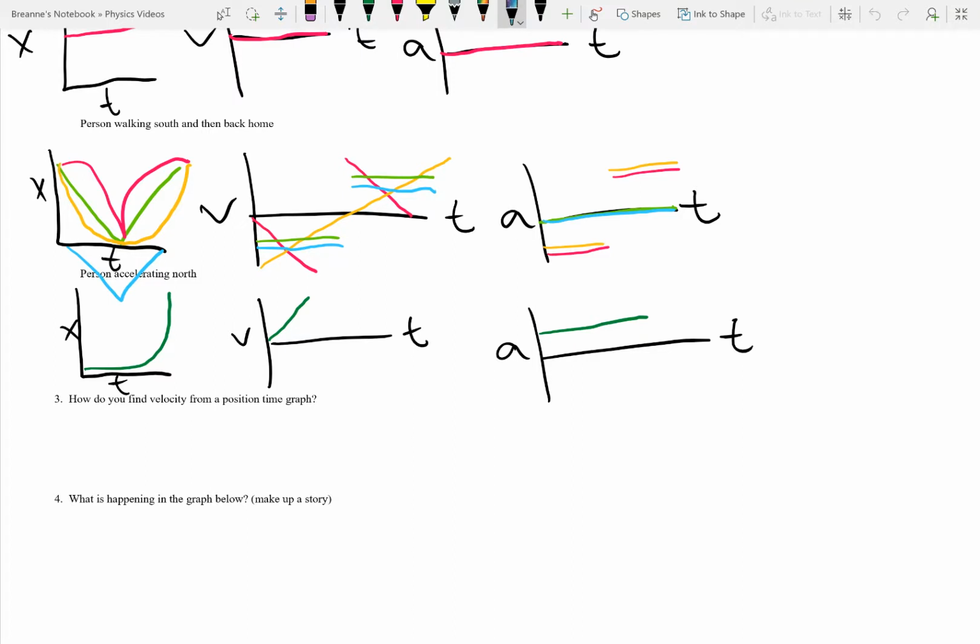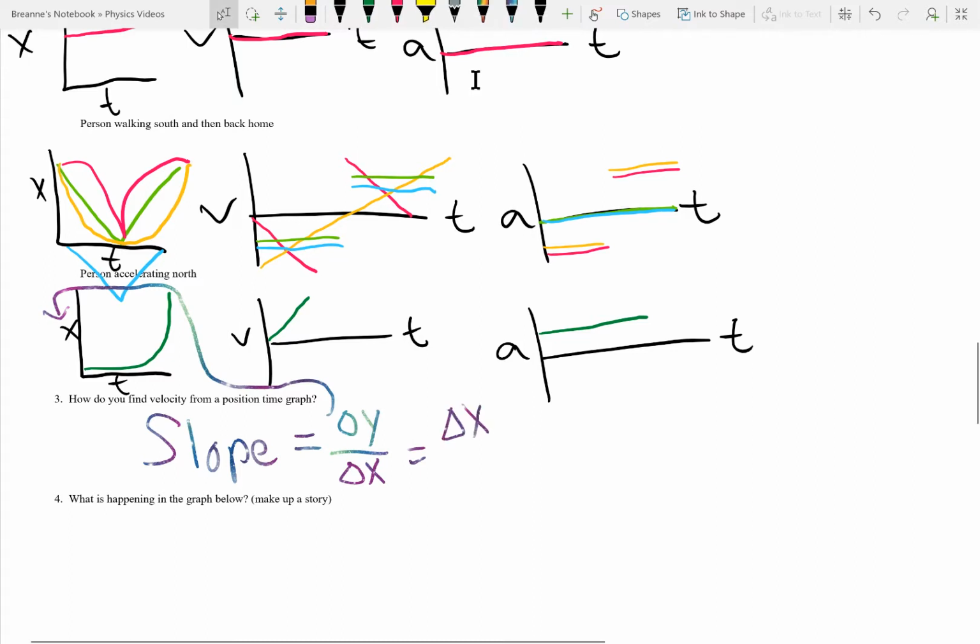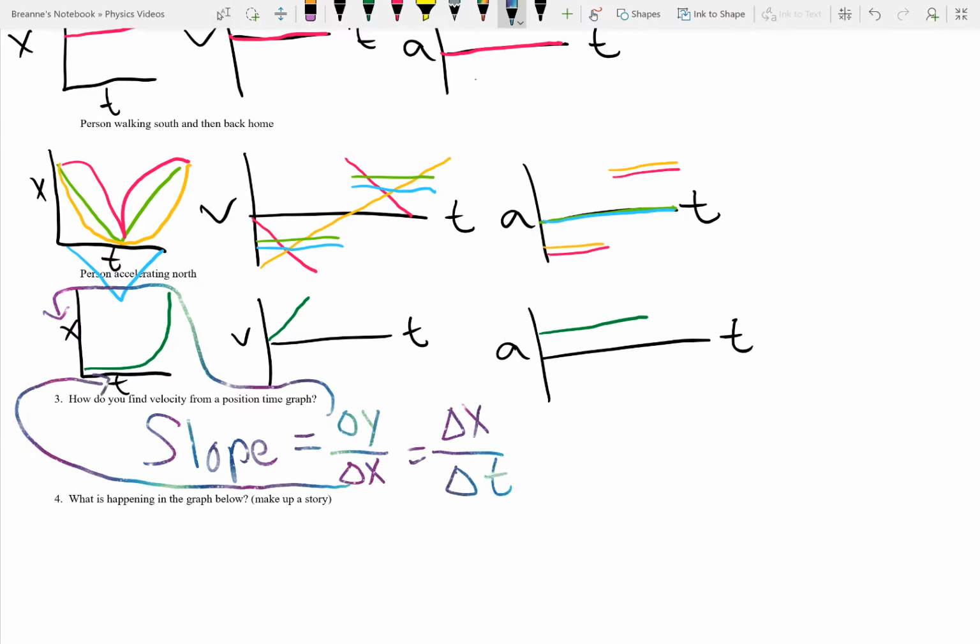So how do you find velocity from the position versus time graph? The big thing is slope. The reason, because you have your slope as your change in y over a change in x, and your y for your position is position, and your x is time, and that equals your velocity.